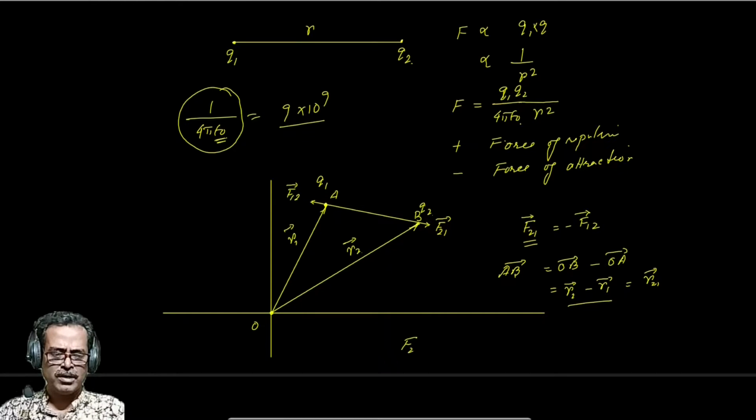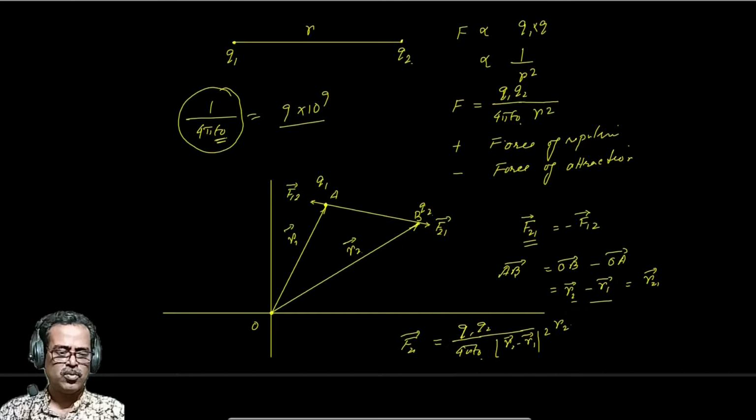Now F21 is equal to 1 by 4 pi epsilon 0 Q1 Q2 by the mod of R2 minus R1 square, and the direction will be the unit vector along R21 cap, that is Q1 Q2 by 4 pi epsilon 0 R21 square into R21 cap. This is the vector representation of Coulomb's law.